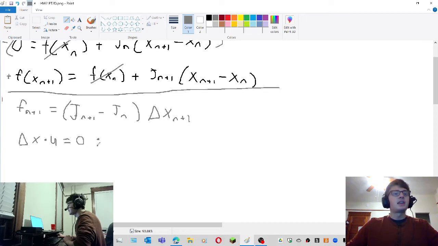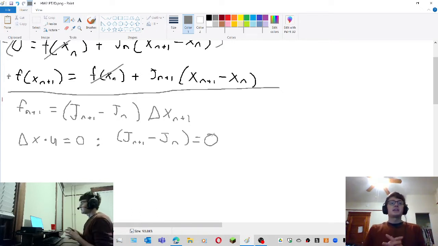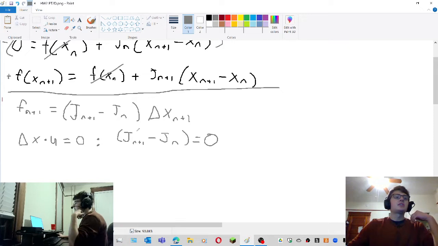And so then if that's the case, I could say that the Jacobian evaluated at n+1 minus the Jacobian evaluated at n is just going to be 0. And that's going to be because this u is perpendicular to delta x.